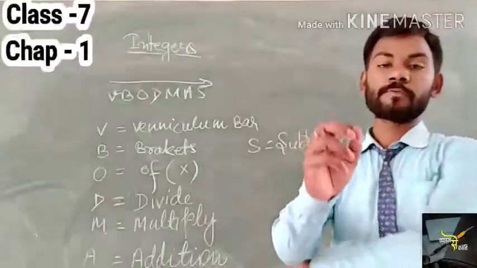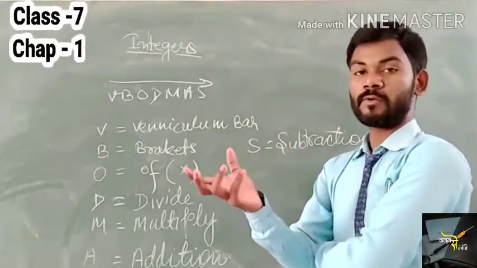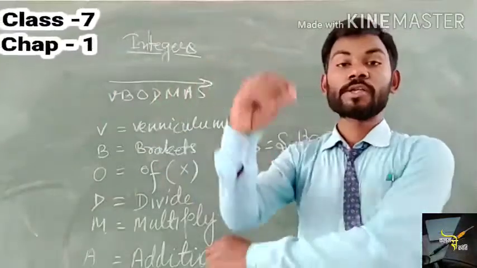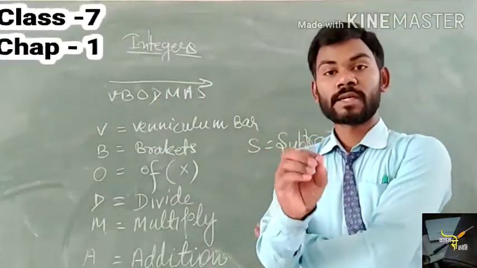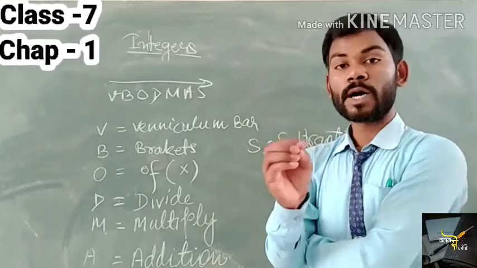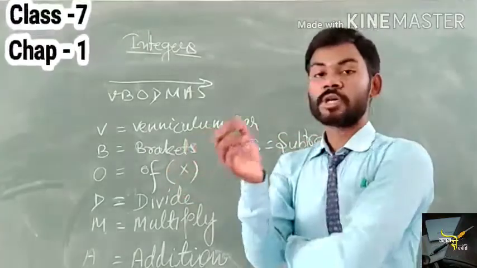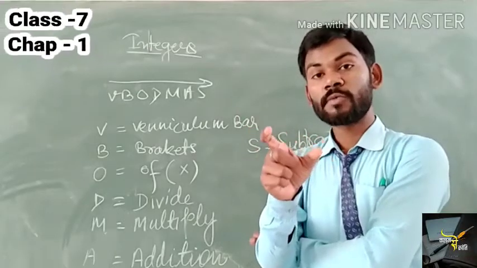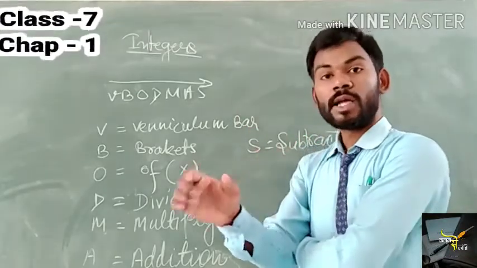If the question is given in the form of simplification, then first of all, if the question contains a vinculum bar, we shall solve those numbers which have the bar.